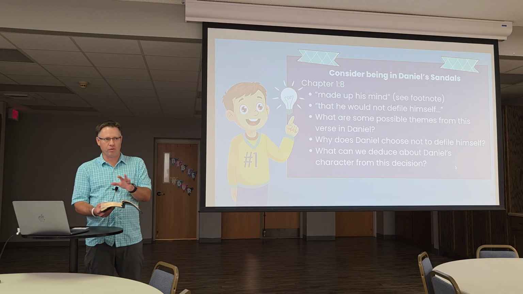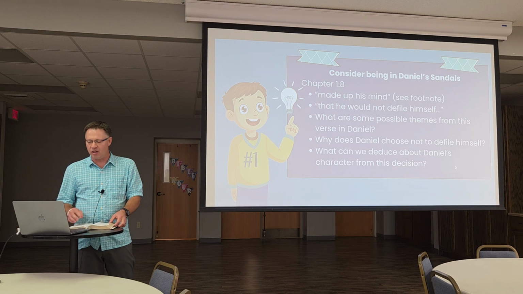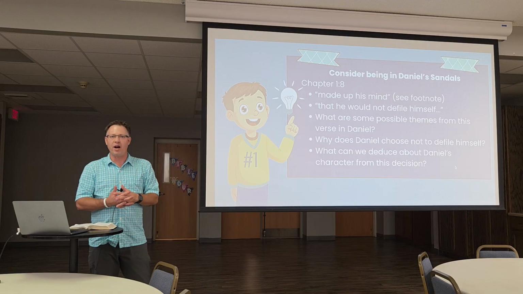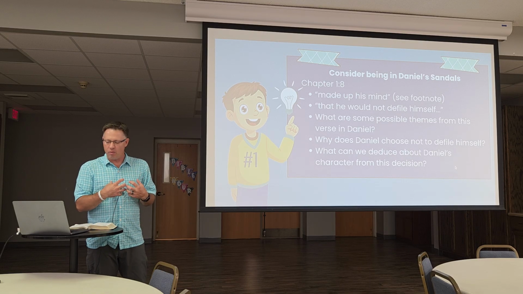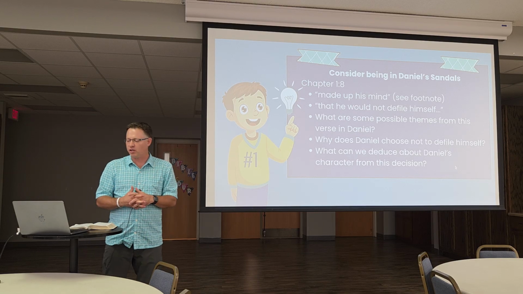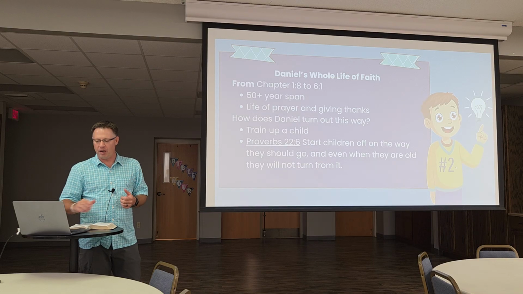We're going to see that unpacked. So that would be something to consider. It answers the question: why does Daniel choose not to defile himself? Why does he make that decision firm within his heart? What can you deduce from Daniel's character about this decision? You want to be able to reflect upon that.